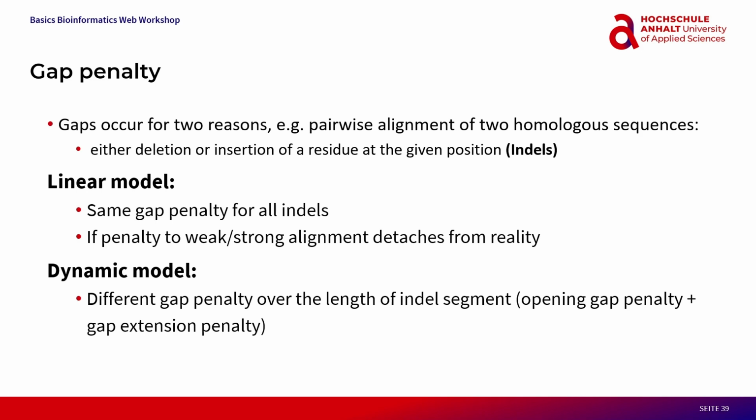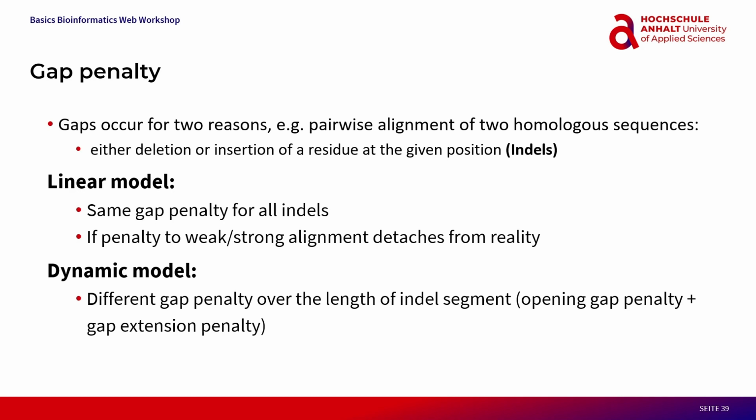The problem is that studies of the functional structure of altered sequences have shown that indels often occur over multiple residue long segments. If the gap penalty is too high, the alignment would again not show a realistic relationship between the sequences.